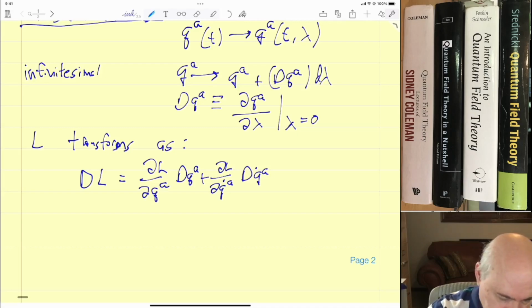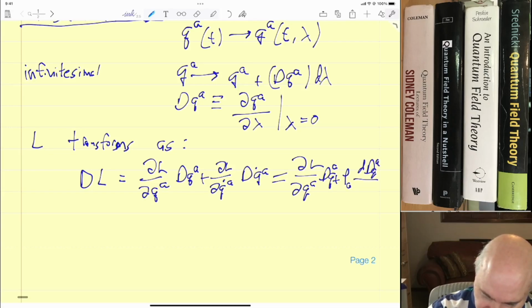Okay. And this is also equal to the partial of L with respect to q_A delta q_A plus p_A delta q_A dot, this is what's a little confusing. So this p_A, as we know, is defined by the derivative of the Lagrangian with respect to that coordinate's velocity.